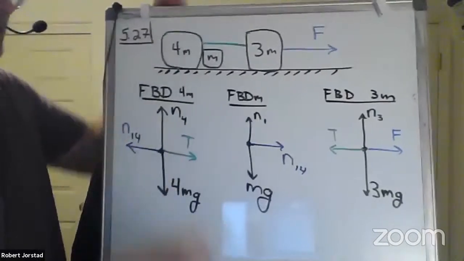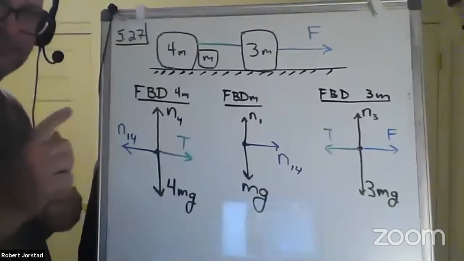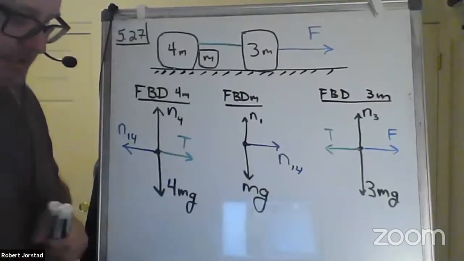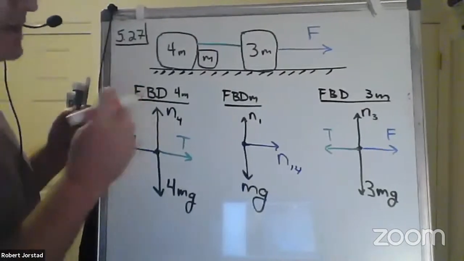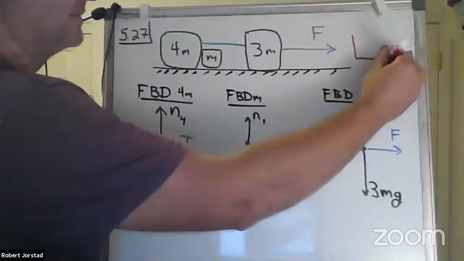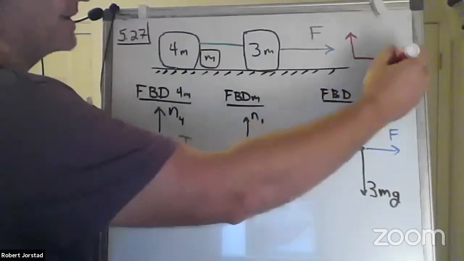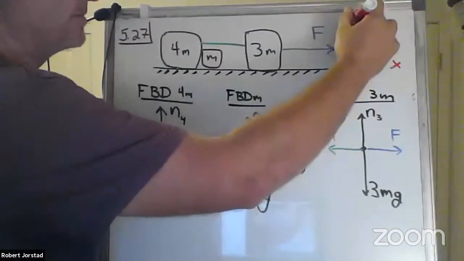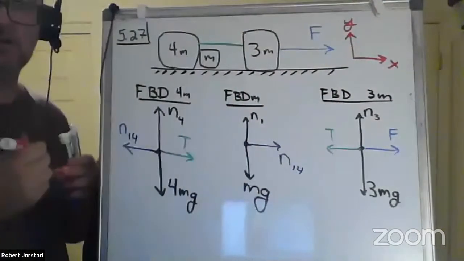All right. Now check this out. We could also label this with an acceleration, and maybe they're all accelerating to the right. How do I know that? How do I know they're accelerating to the right? Could the acceleration be 0?